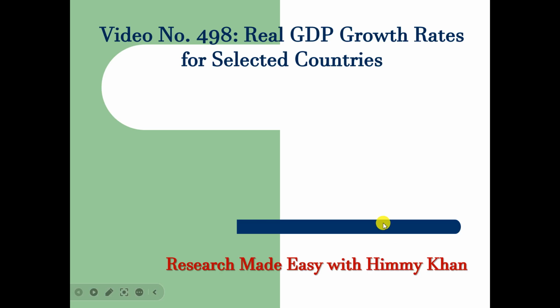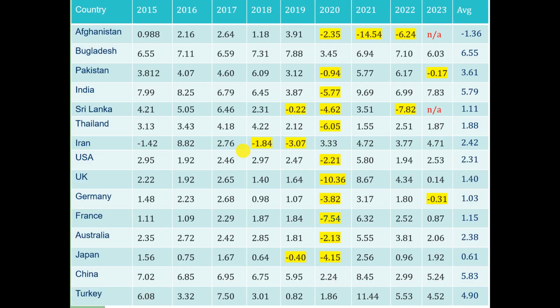In this present video, I'm going to show the real GDP growth rates for a number of countries. So let me start with a number of countries, and here you can see there is a complete list of some selected countries including Afghanistan, Bangladesh, Pakistan, India, Sri Lanka, Thailand, all the way up to Turkey.